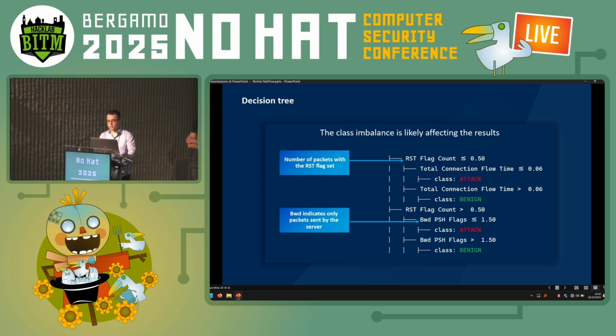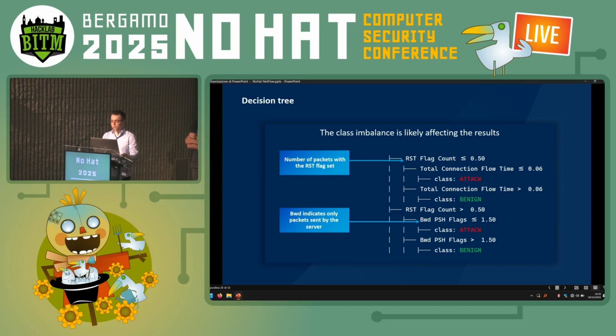And we can see that basically we are first looking at this feature called reset flag count, which is the number of packets with the reset flag set. And since it's actually a non-negative integer, this means that we are basically checking if this feature is 0. And in this case, we look at the total connection flow time. And if its value is very short, then we predict an attack.